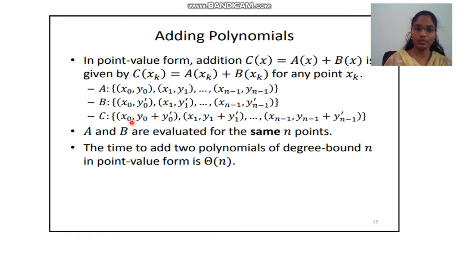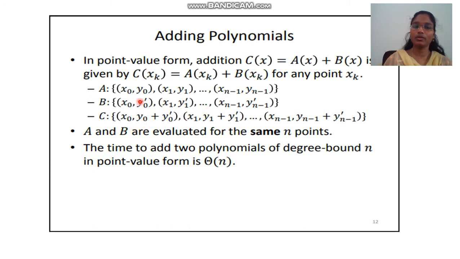If you look into the general equation, when two polynomials are given, x0 comma y0, x1 comma y1 and so on for a, and x0 comma y0 dash, x1 comma y1 dash and so on for b. The highest degree we have in the example is 3. So x0, x1, x2, x3 will be 0, 1, 2, 3, and that will be the same for b also.